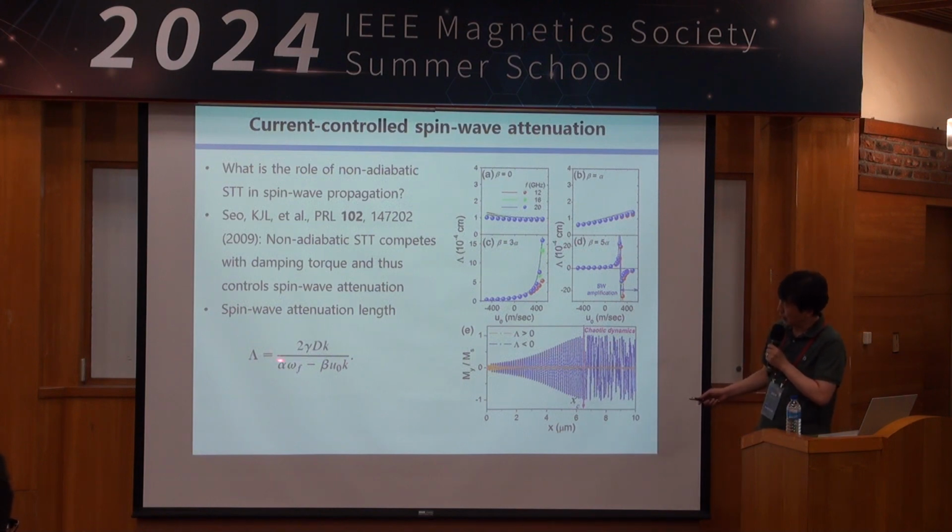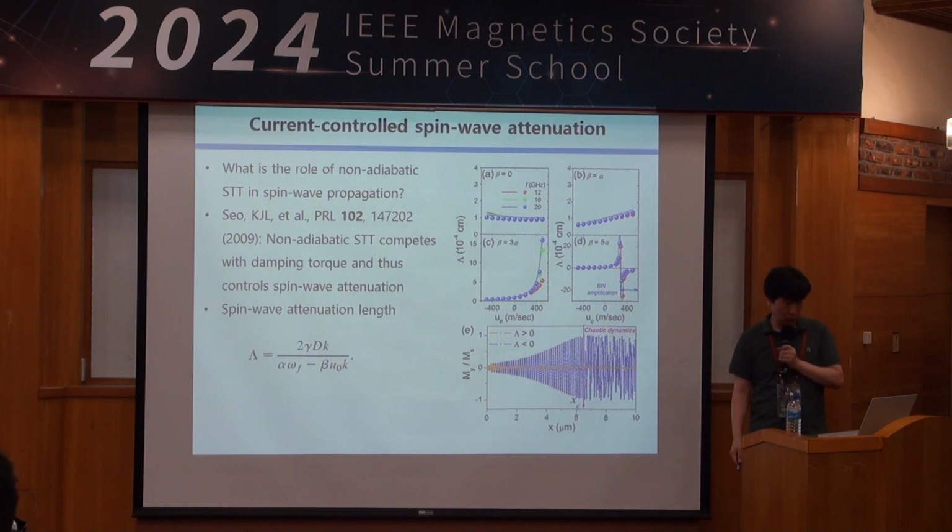So this capital lambda is the spin wave attenuation length that is proportional to the wave number k, and inversely proportional to the damping and the frequency, but there is some correction term due to the non-adiabatic spin torque.